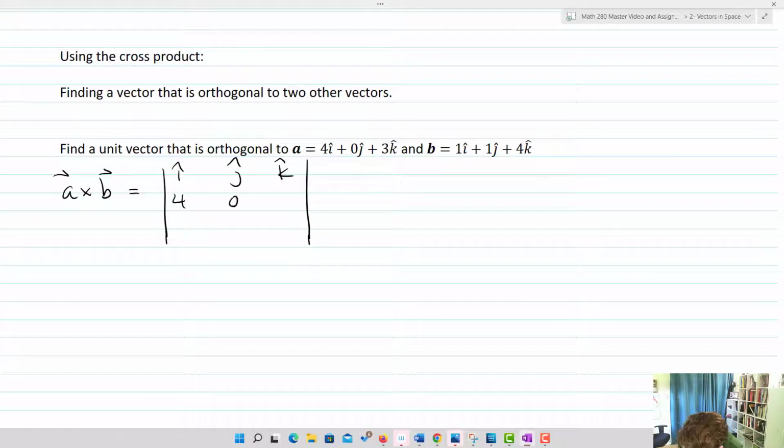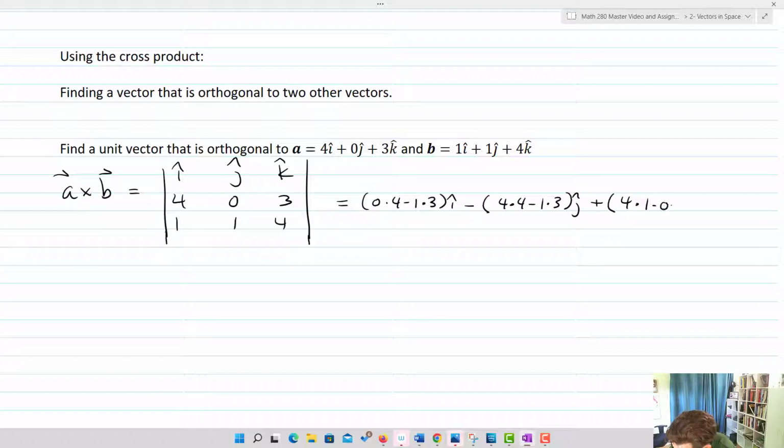So it's 4, 0, 3, and 1, 1, 4. And that'll equal 0 times 4 minus 1 times 3, i, minus 4 times 4 minus 1 times 3, j, plus 4 times 1 minus 0 times 1, k.